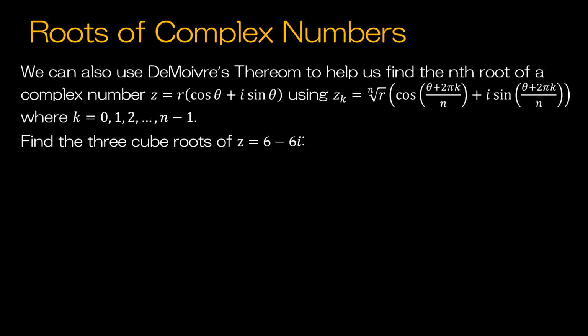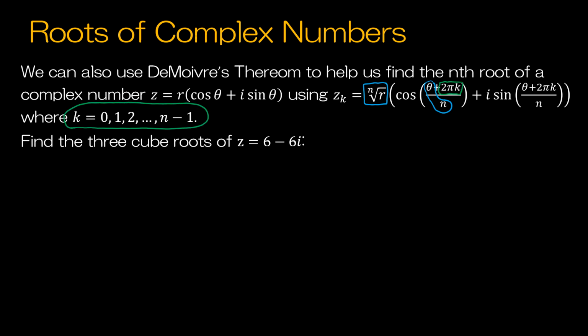Instead of finding the power of a complex number, I can also use DeMoivre's theorem to find the root of a complex number. So instead of taking r to the nth power, I'm going to take the nth root of r. Instead of taking theta times n, I'm going to take theta divided by n. And the difference here is I need to use plus 2 pi k, where k varies from 0 to n minus 1.